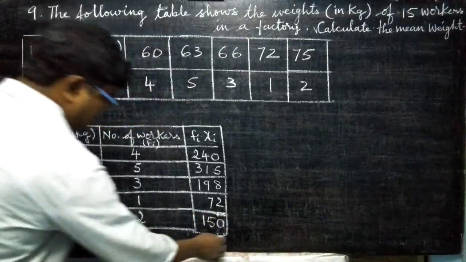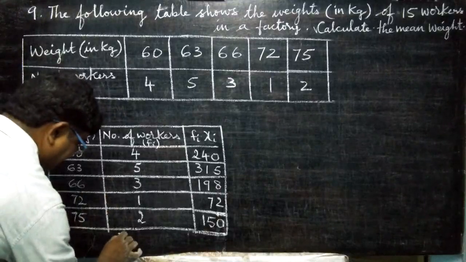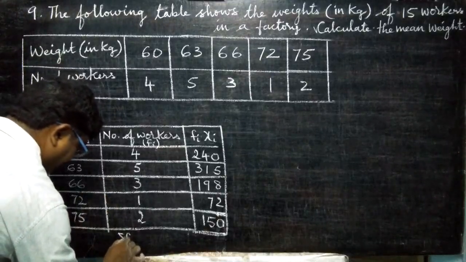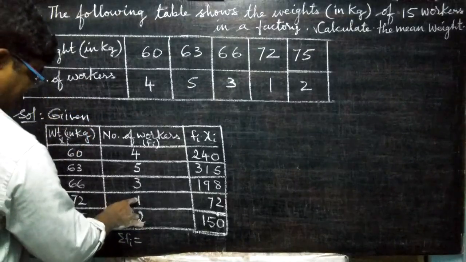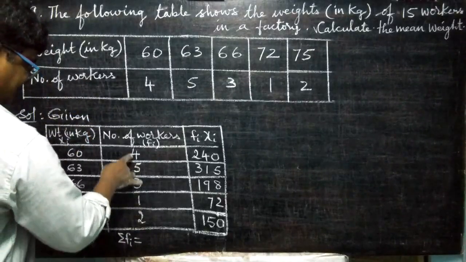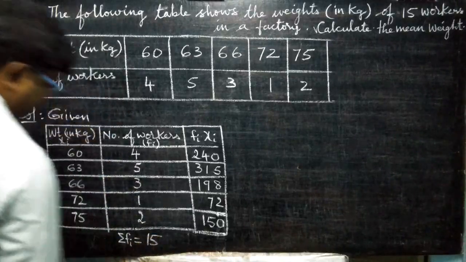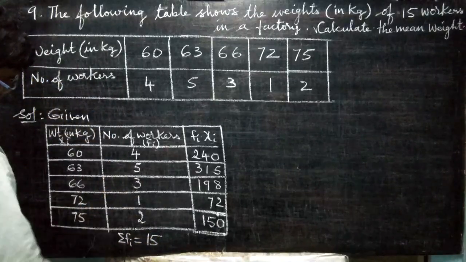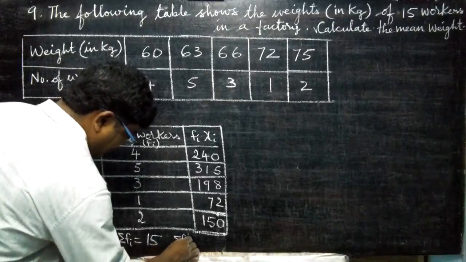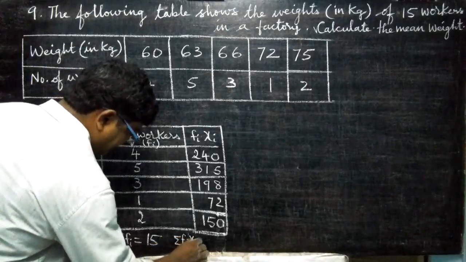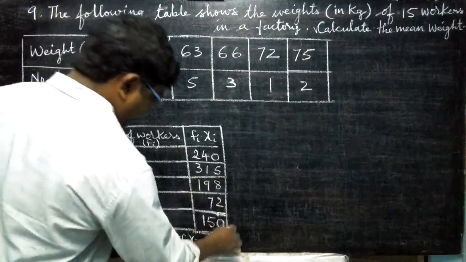So now you have to add this sigma fi. How much you have to see? 2 plus 1 is 3. 3 plus 3 is 6. 6 plus 4 is 10. 15. 15 you got. Next, here sigma fi xi. This also you have to add. 10, 15.